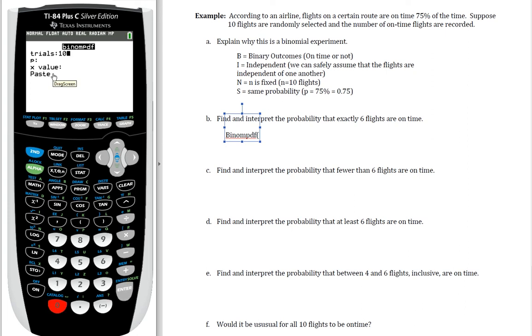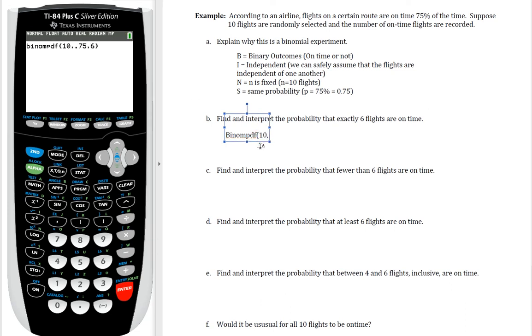Here are the trials: there are 10 flights that we're doing. Each flight has a probability of success of 75%, as given in the description. And in this case, we're looking for exactly 6 successes, so my x value is 6. If I paste that, I have binompdf of 10, 0.75, 6.